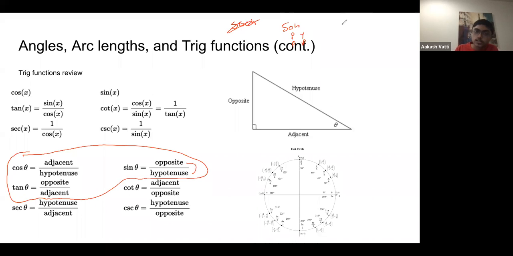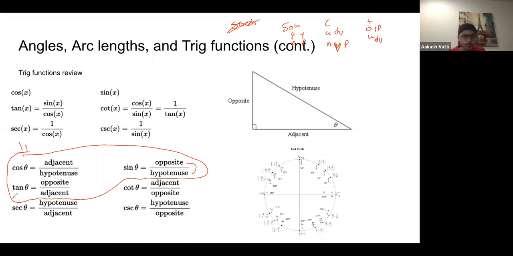CAH is cosine, adjacent over hypotenuse. And TOA is tangent, opposite over adjacent. That's a way of remembering this.